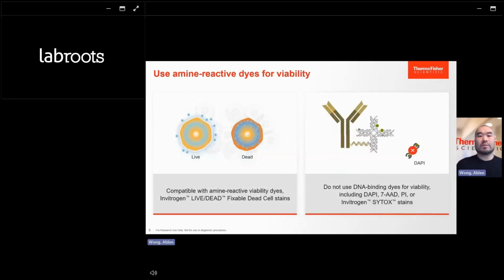NovaFluor dyes are compatible with amine reactive viability dyes, such as our LIVE/DEAD Fixable Dead Cell Stains. It is not recommended to use DNA binding dyes such as DAPI, 7-AAD, PI, or SYTOX stains.